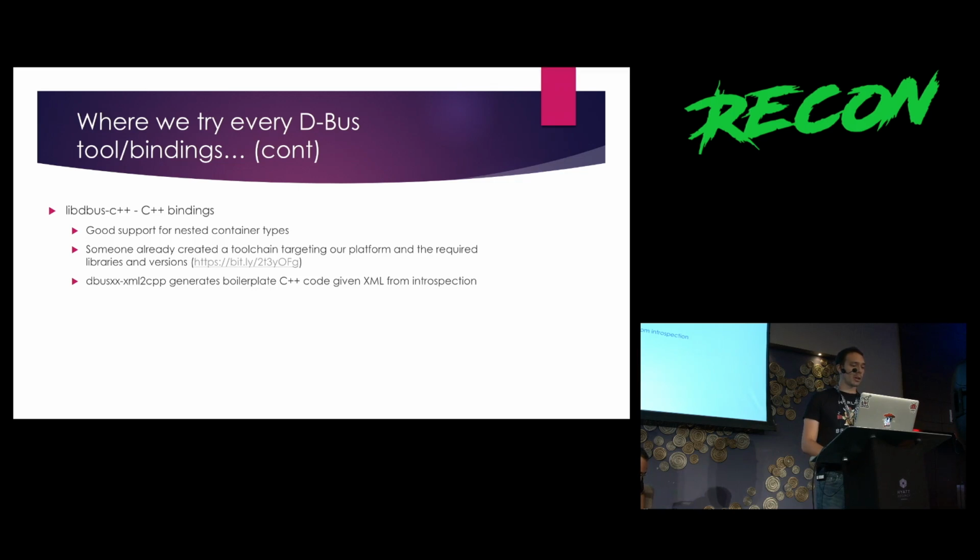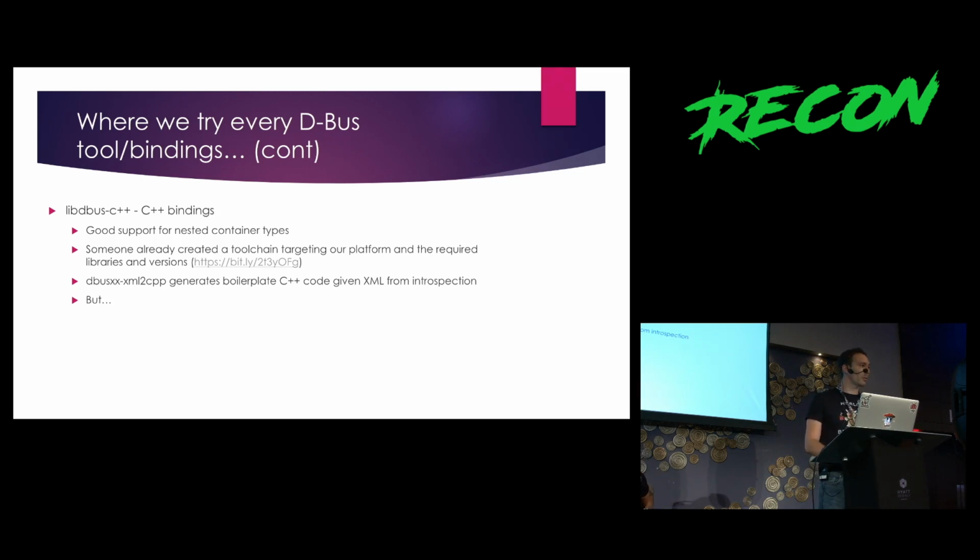Also, a companion of these libraries is the tool dbusxx-xml2cpp. It's really nice because you can just pass an XML file describing the different D-Bus interfaces, and it will create C++ boilerplate for you, ready to call your library.